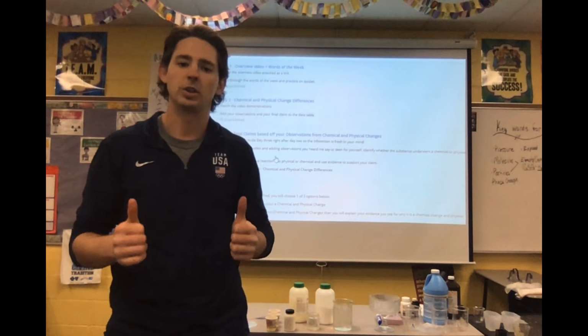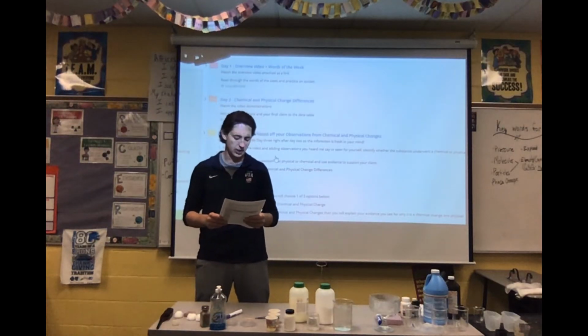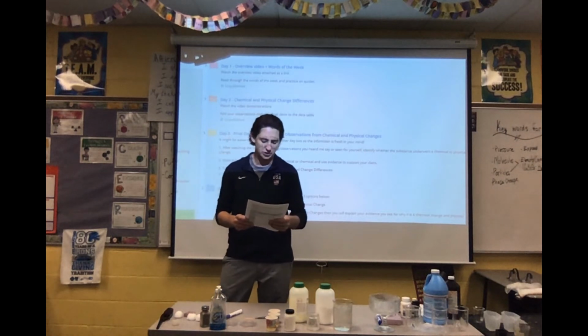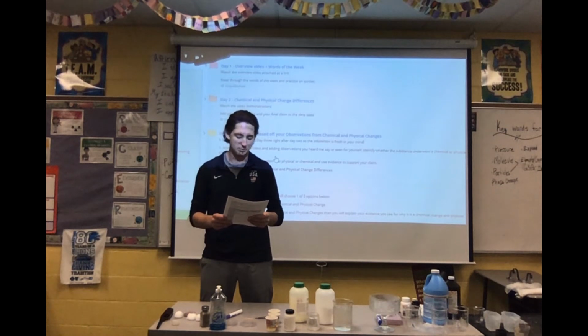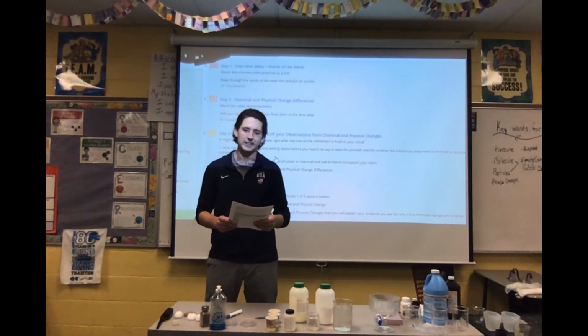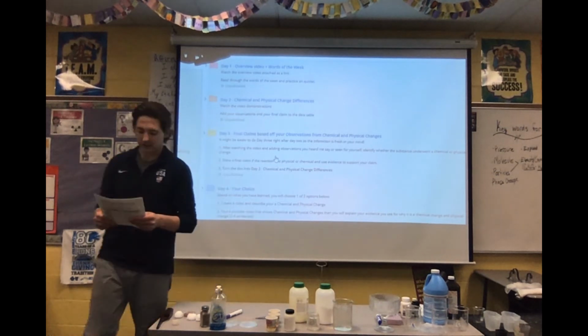I'm all good, so let's get down to business. What you will be doing this week, here are some of the standards you'll be covering. Each pure substance has characteristic physical and chemical properties that can be used to identify that substance. Substances react chemically in a characteristic way.